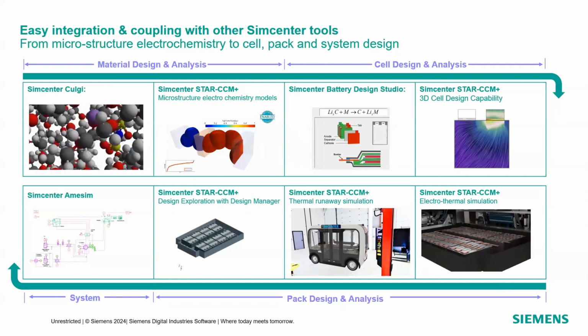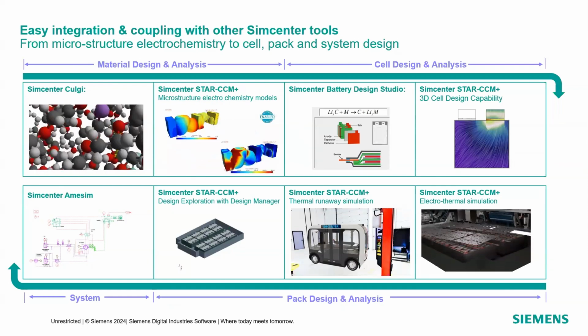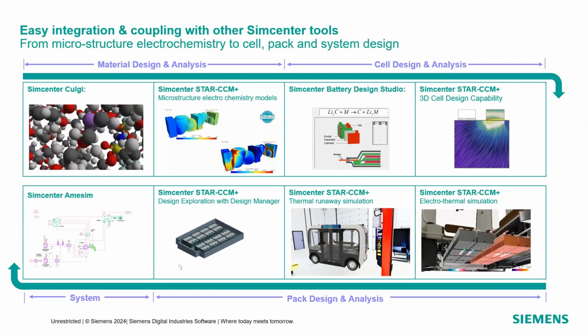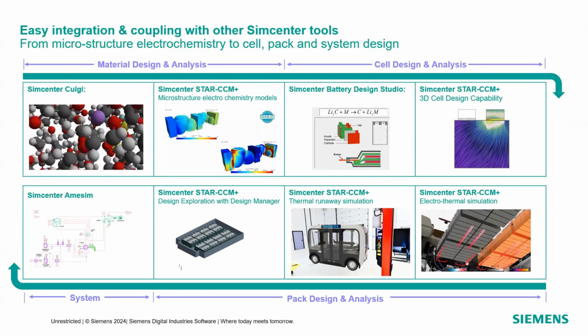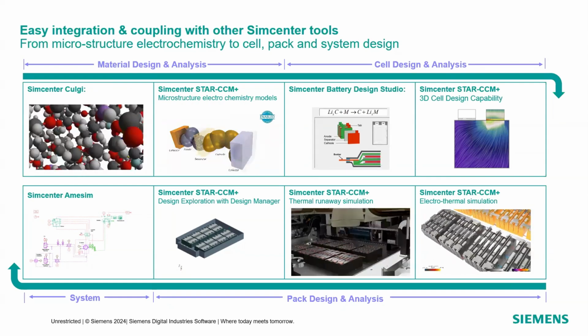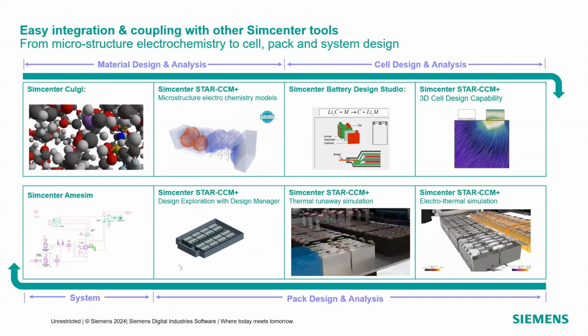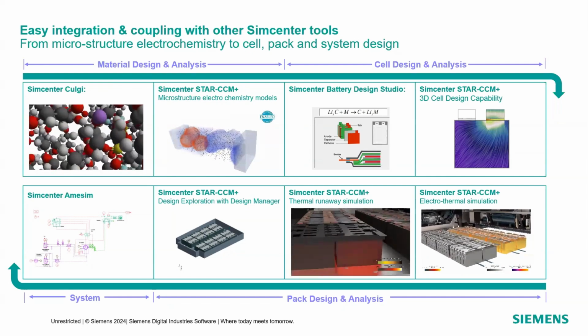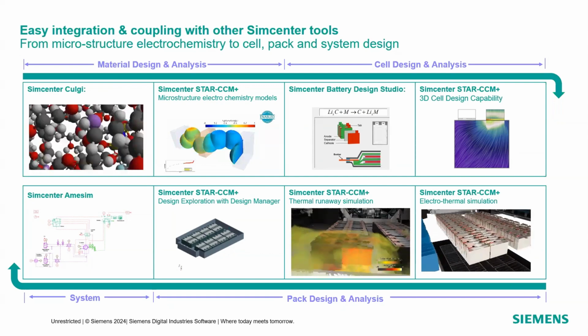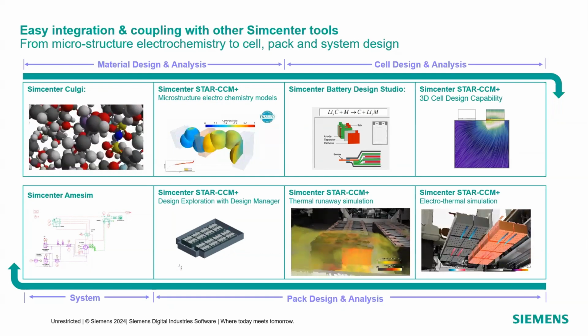If you want to look at basically more electrothermal, so you want to see how hot a pack is going to get, Star CCM Plus will let you do that. If you want to look at thermal runaway, then again, Star will let you do that too. So you can see here that a big part of the battery story from Siemens is Star CCM Plus, supported by the other tools.